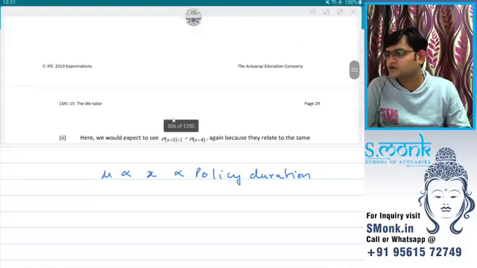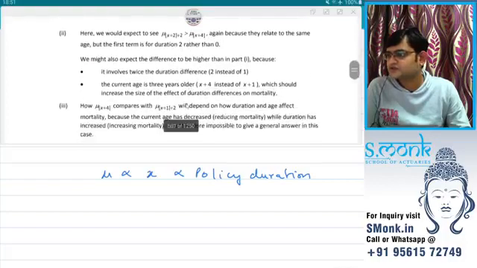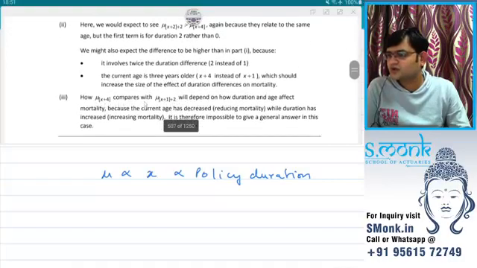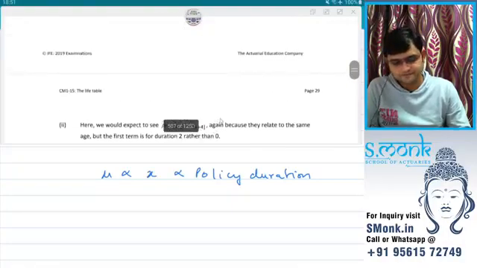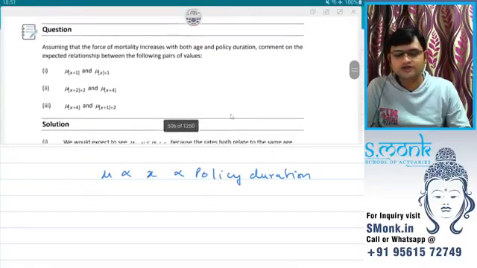I hope that is how they have explained this. Yeah, this seems correct. How this compares to this will depend on how duration and age affect the mortality, because the current age has reduced mortality rate, while the duration has increased. So that is what we just said, right? So this is about understanding how you understand the effect of age and policy duration.